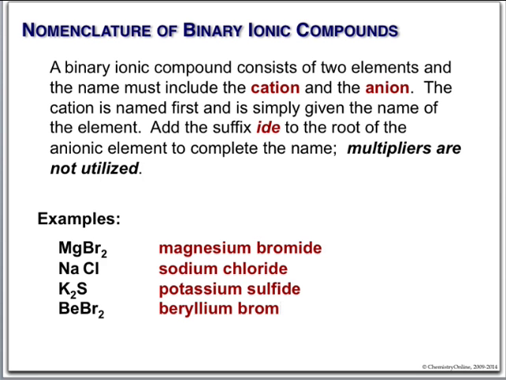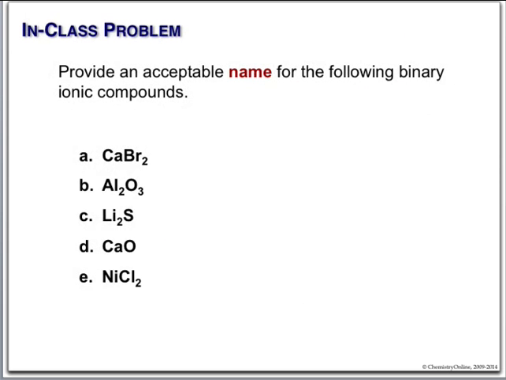And we add IDE. Now that's really simple, isn't it? All you have to do is name the cation, make your best guess for the root for the other element, and add IDE. Do not use multipliers. Go ahead and do this set.